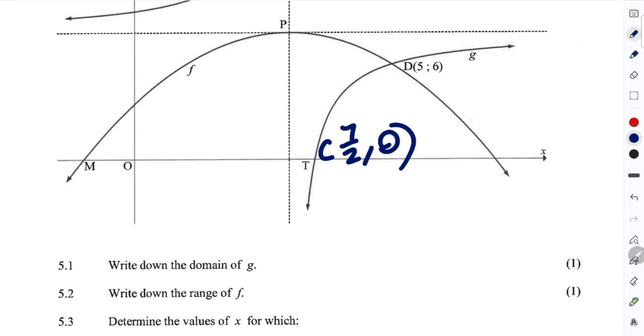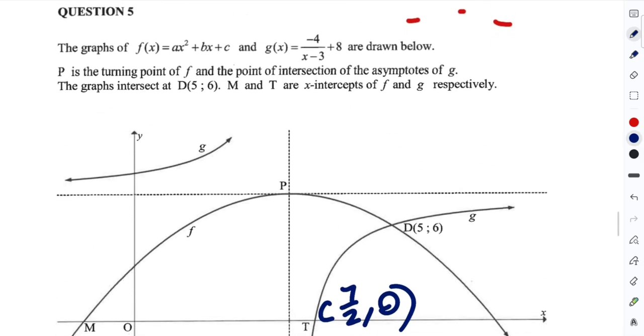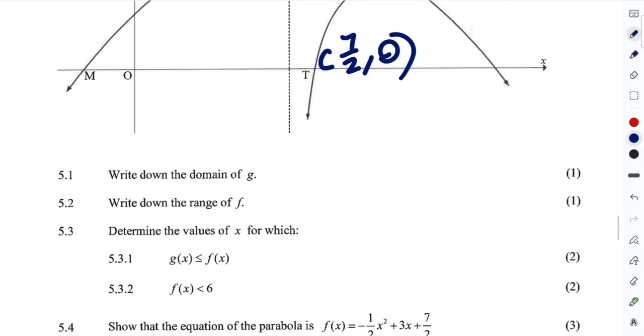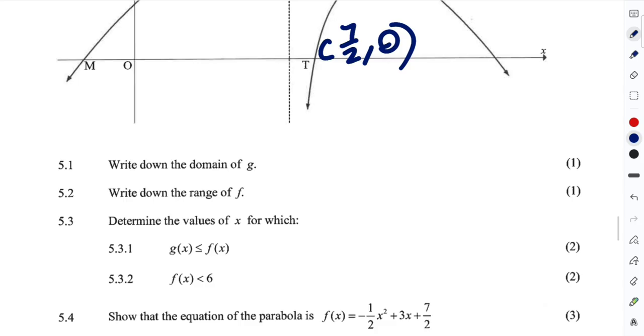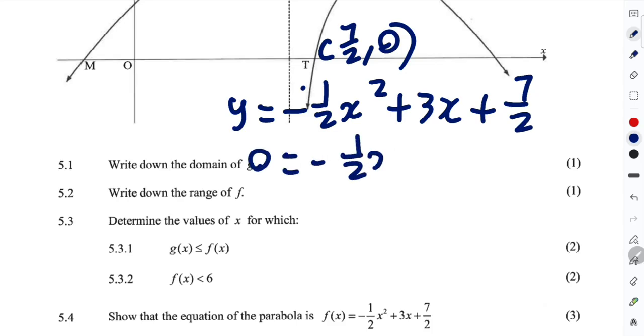Now I need to find the x-intercept for my parabola. So y is equal to negative half x squared plus 3x plus 7 over 2. So 0 is equal to negative half x squared plus 3x plus 7 over 2.